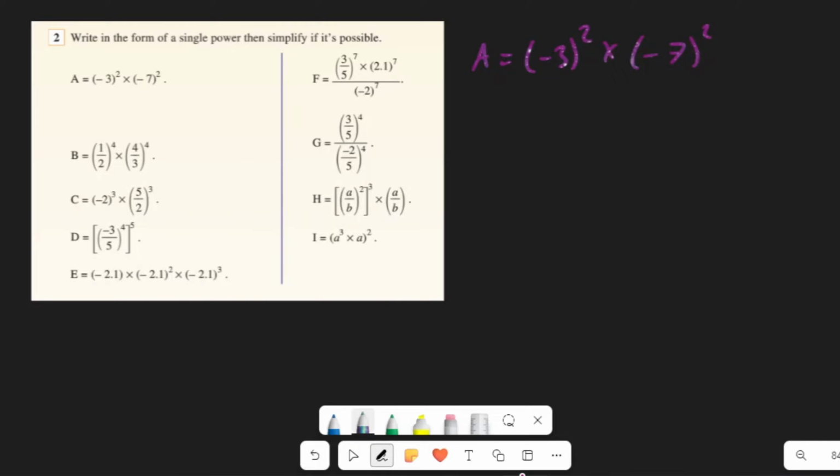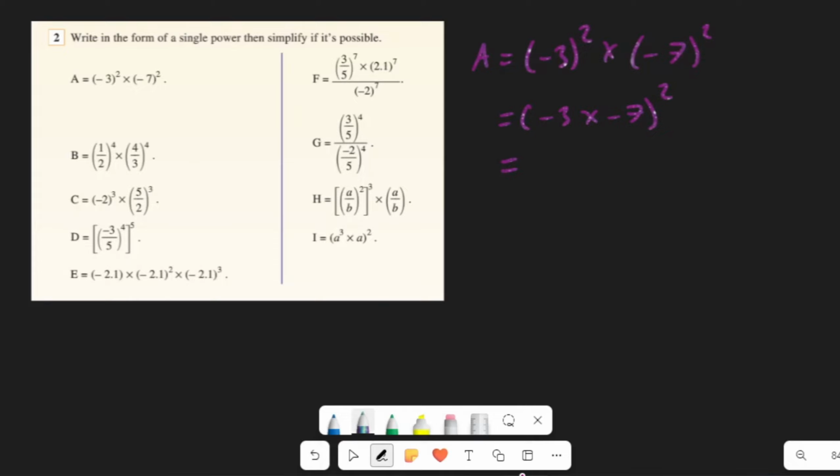The base is negative for both sides. Now you look at the exponent. The exponent is an even number. 2 is an even number. Therefore, we know that the end result is going to be positive. To simplify this, we take what's in common outside, which is the power of 2, and we multiply negative 3 by negative 7, to the power of 2.